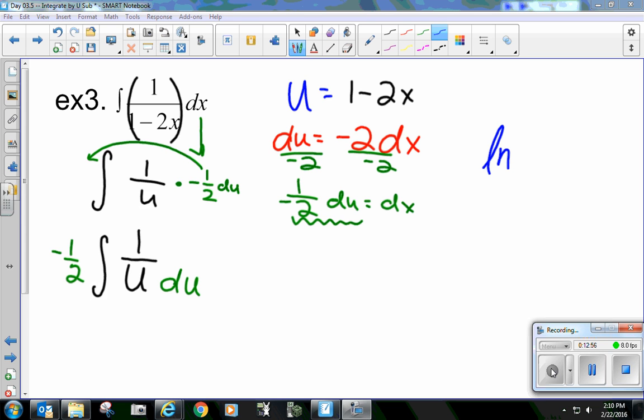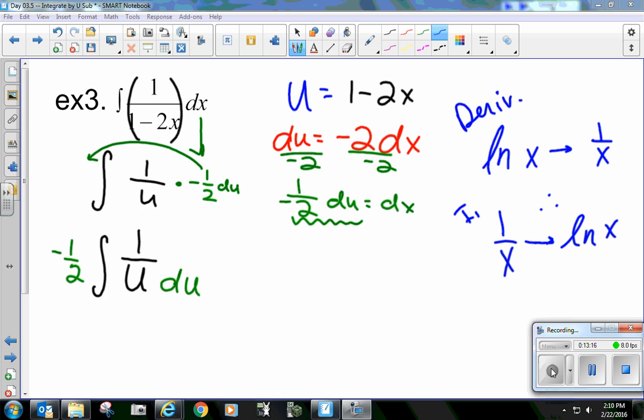The derivative of the ln of x is 1 over x. Therefore, the integration goes backward from here. This is derivative. So if I integrate that, it's just going backwards, right?